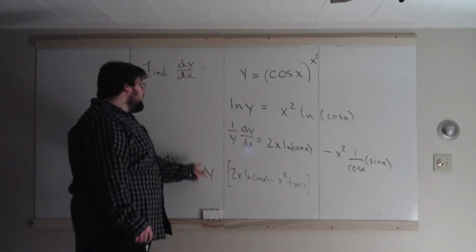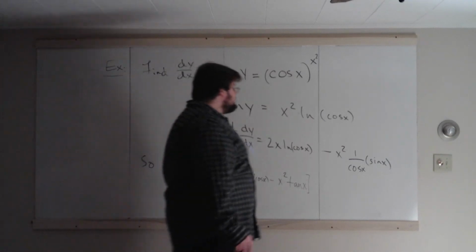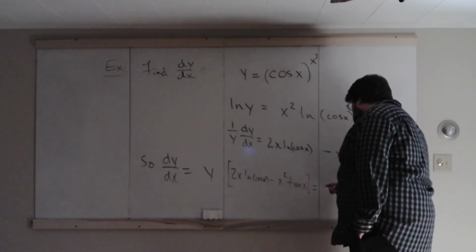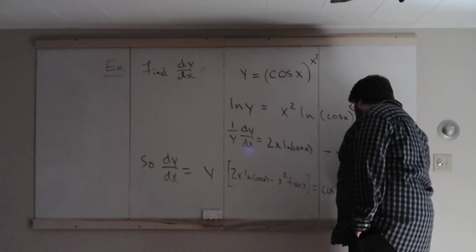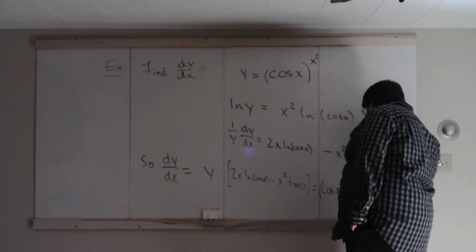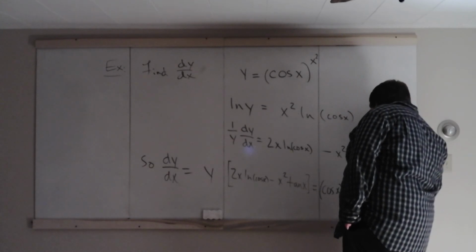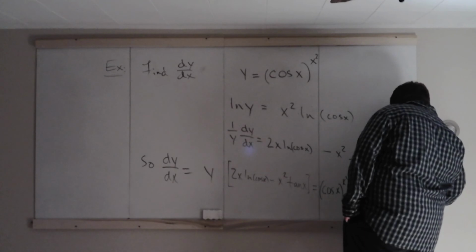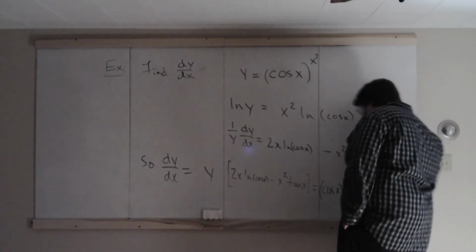But then y equals cosine x to the x squared. So we'll just resubstitute that in for y. So cosine of x to the x squared times 2x log cosine x minus x squared tangent x.